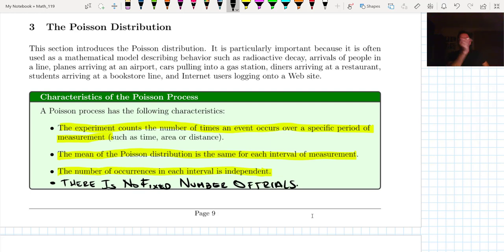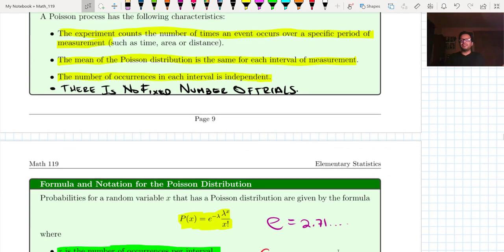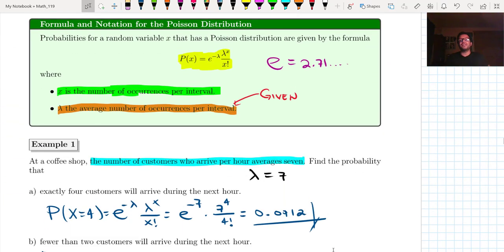In the binomial distribution we had a fixed number of questions on the exam, a fixed number of times that we roll a die, or toss a coin. In this case, we don't have a top value.